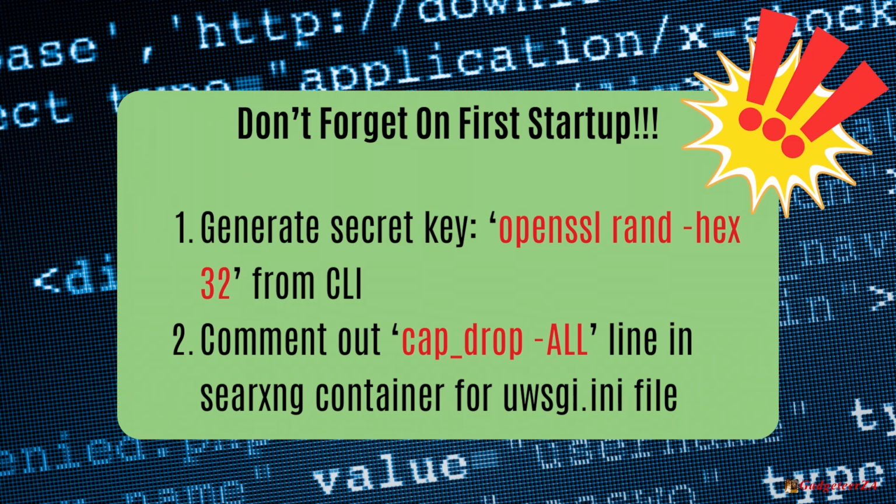Once it's up, you can shut it down again and then uncomment the line to bring it back again. What this effectively does is create the uwsgi.ini file, which is required, and it doesn't self-generate the first time if it sees it's not there. So just remember that. If you haven't done it, it's not a problem. You can do it a bit later, and once it's created, just uncomment it. And that really is it.